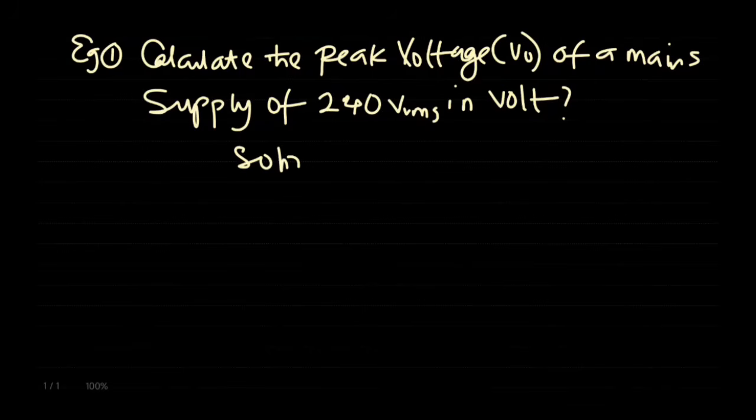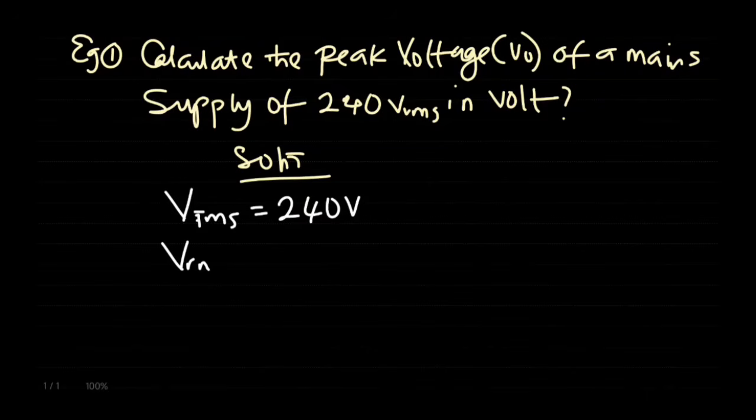Solution. Your VRMS is giving us 240 volts, and they say we should calculate the what? The peak voltage. Therefore, recall that VRMS is equal to V naught all over square root of 2, and we are solving the peak voltage.